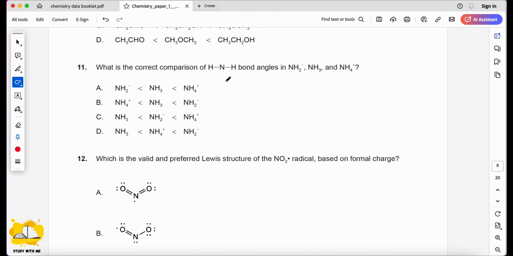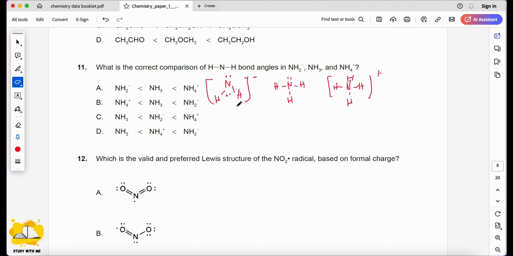So NH2 minus, if we draw the Lewis structure, and then NH3, and then NH4 plus.